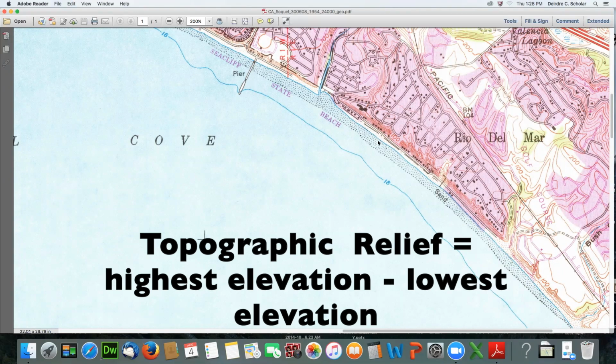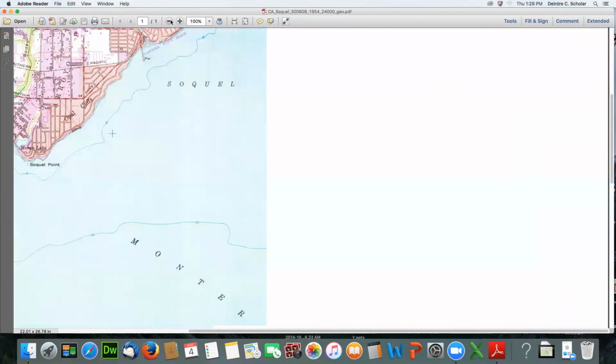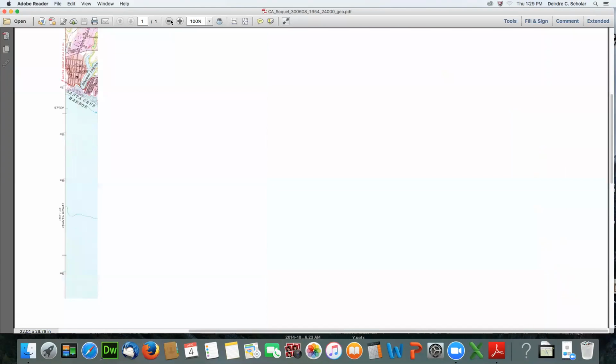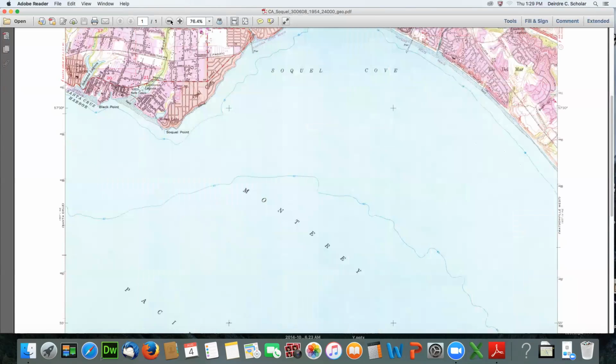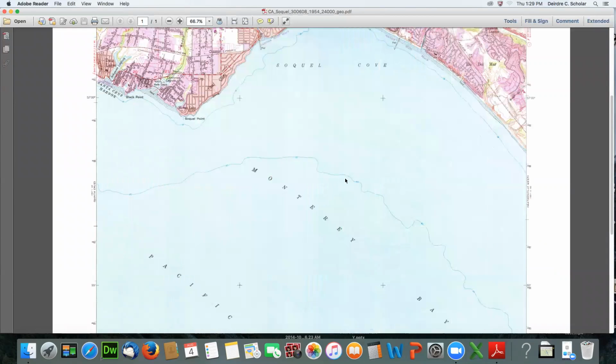But what if we wanted to include the ocean areas in the total relief of this map? Because of course the ocean and the ocean floor is indeed part of this map. So if we want to determine that, the first thing we want to look at are the contour lines on the ocean floor.